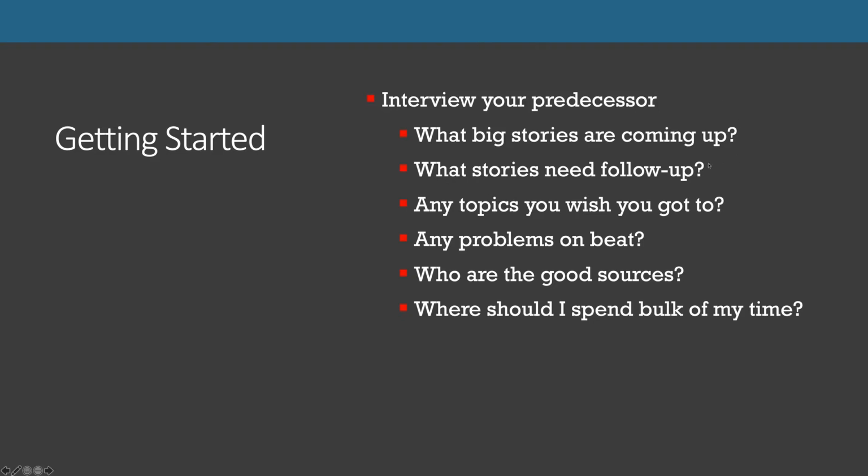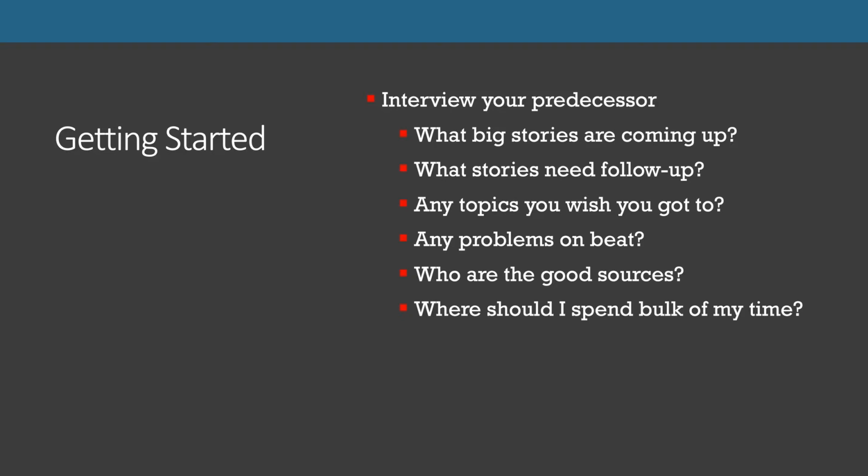And then also ask the predecessor, what were you hoping to do? What was the next thing you never got to do, but you think is a good story? Between scheduling and other stories and things that didn't go the right way, what are the things that you wish you got to? And that's going to happen, because remember, there's only a certain amount of hours in a day, a certain amount of time to get each of your stories done.